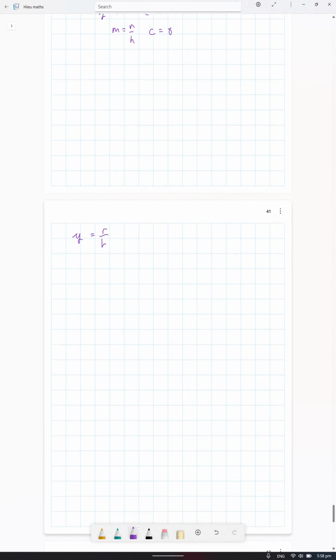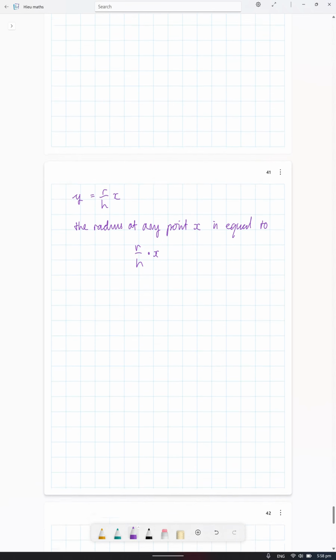So let me rewrite everything: y equals r over h of x, which means that the radius at any point x is equal to r over h multiplied by that point x.